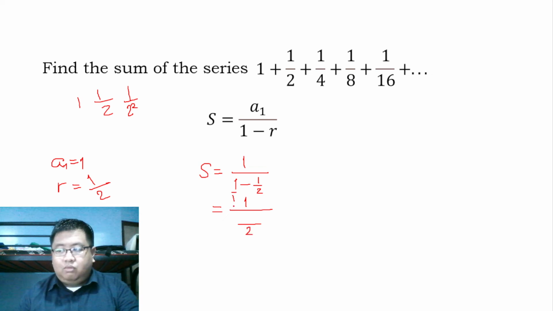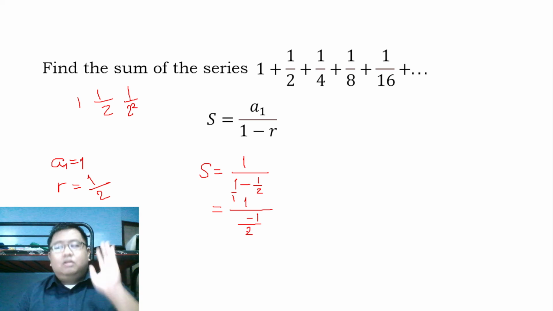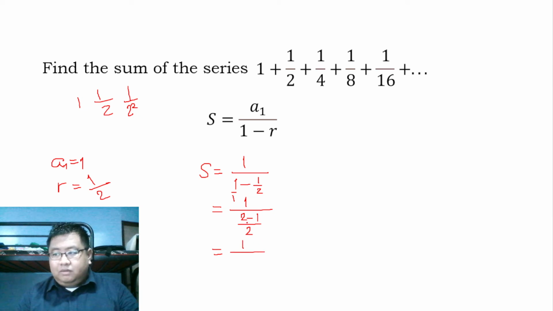Remember, 1 is 1 over 1. 2 divided by 1 is 2. 2 times 1, the numerator, is 2. So what's next? 2 minus 1 is 1, so we have 1 over 2.